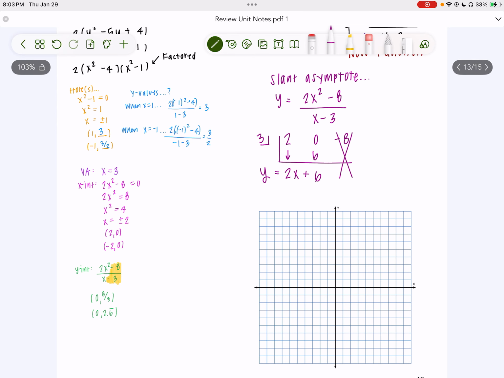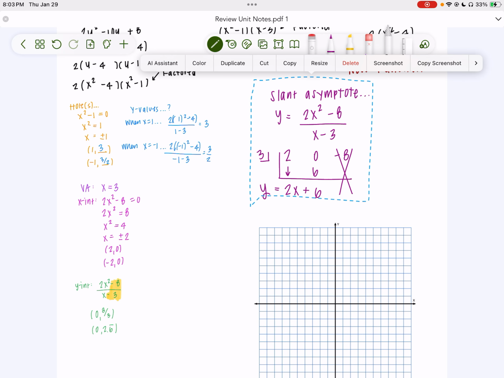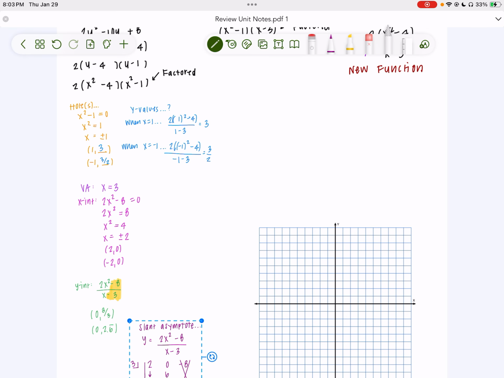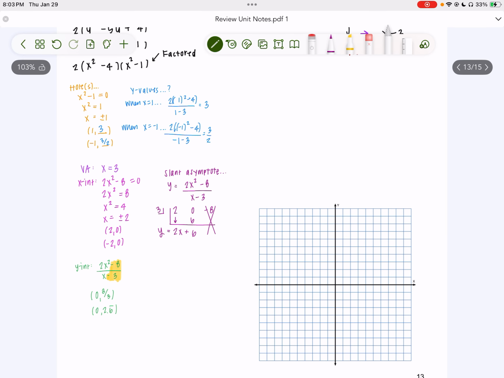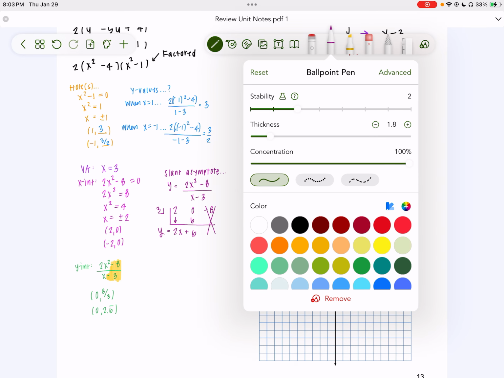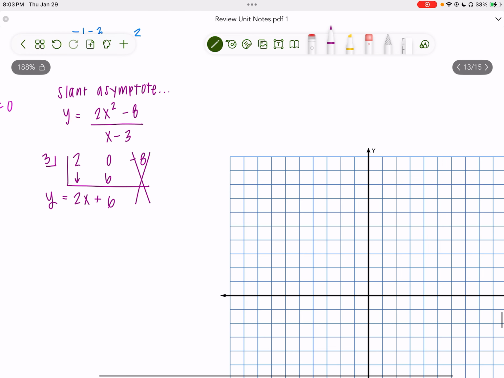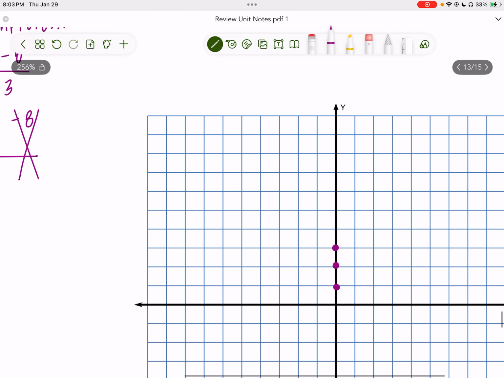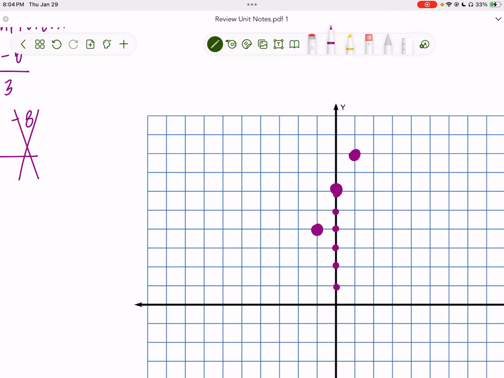Now we put everything on the graph. It doesn't matter what order you do this in. I am going to color code this. So I'm going to start with my slant asymptote. I'm going to go up to 6. 1, 2, 3, 4, 5, 6. Up to over 2. Okay, so that's enough for me to kind of know what this is going to look like.